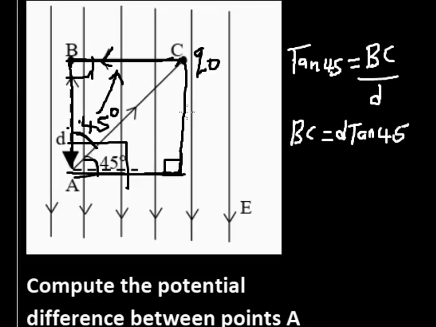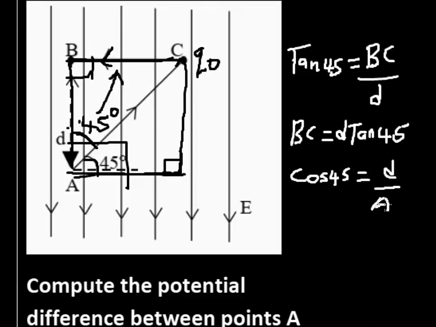Let's get our distance AC. AC is the hypotenuse. Hypotenuse and adjacent, that is cos theta. For me to get AC, I'm going to use cos 45, which is adjacent over hypotenuse. The adjacent of that triangle is D, all over the hypotenuse, which is AC.